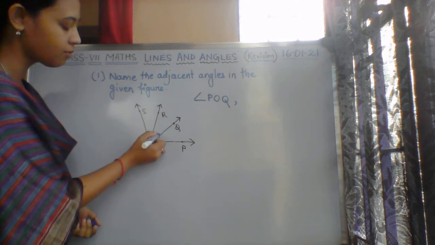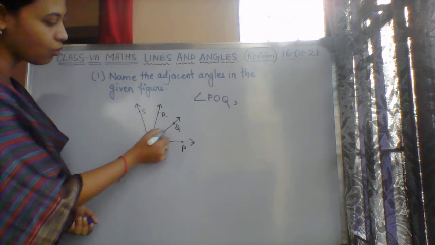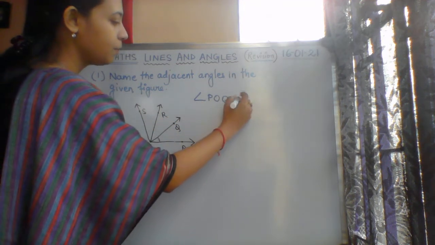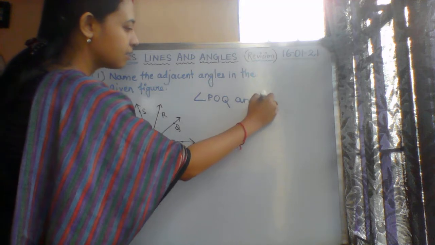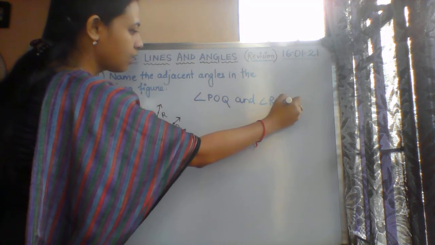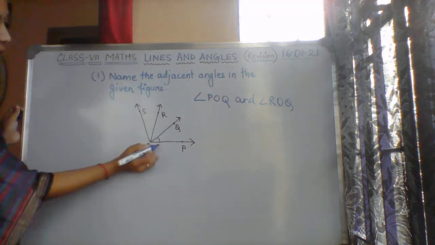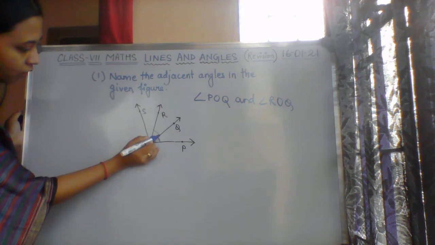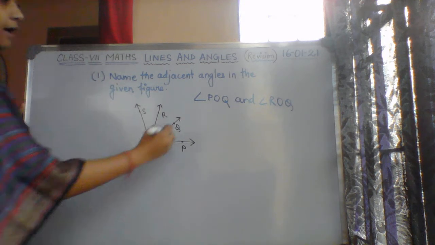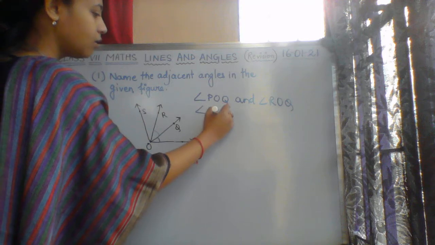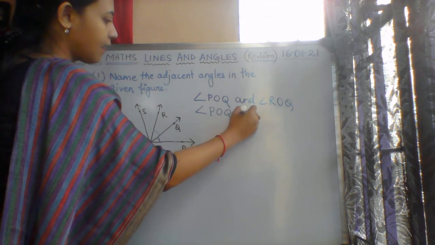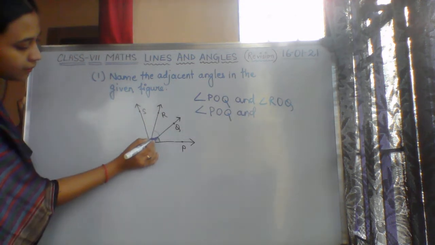So this is the common arm. What angle is forming? ROQ. So angle POQ and angle ROQ are adjacent angles. Similarly, I am again taking angle POQ.